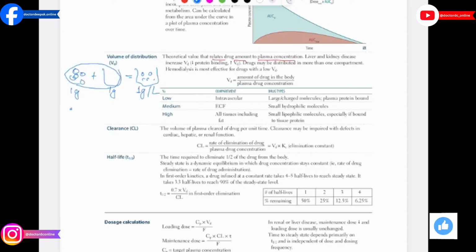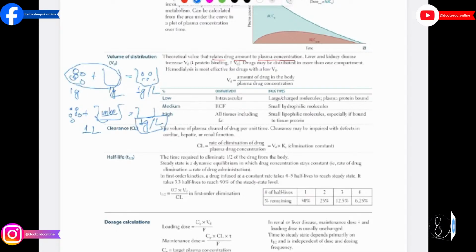So again, I take a 1 gram dose, and there is some fluid, but it's an unknown quantity, an unknown volume. After mixing, I find the same result, 1 gram per liter. So I will make an assumption that if I am getting 1 gram per liter, then this fluid should be 1 liter. Fine?